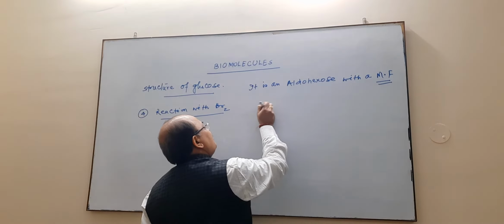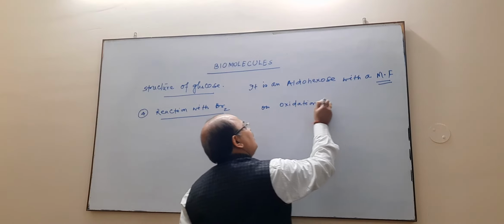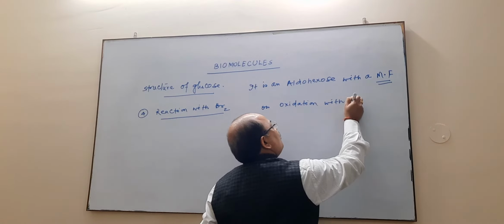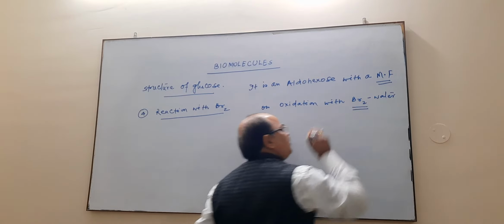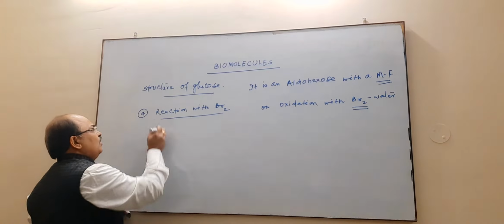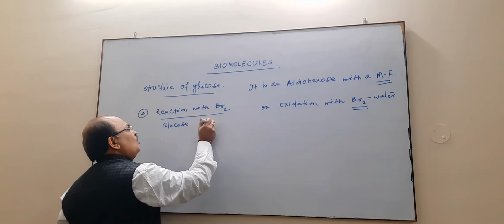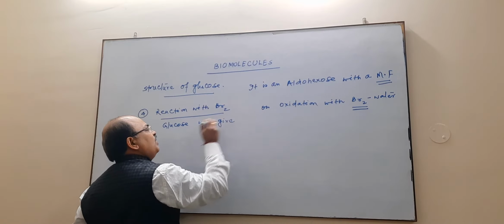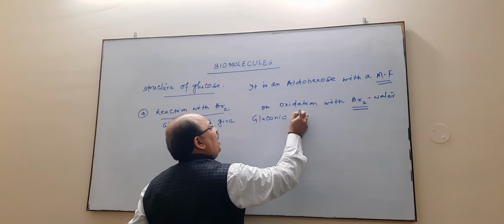On oxidation with bromine water, glucose will give gluconic acid.